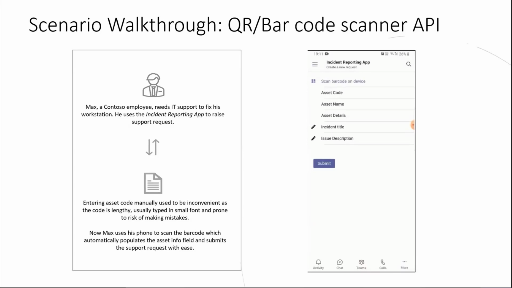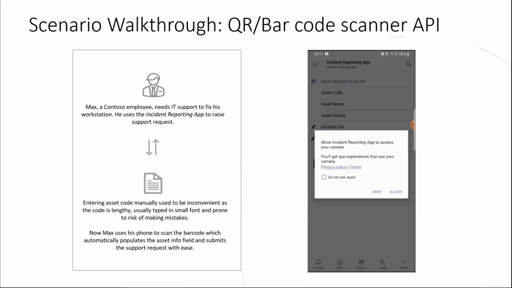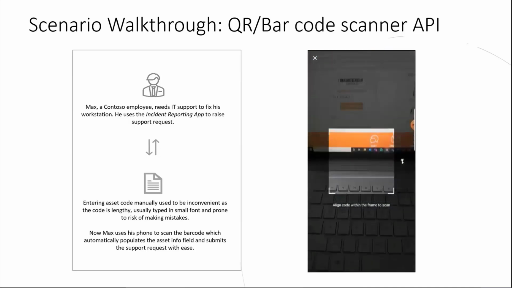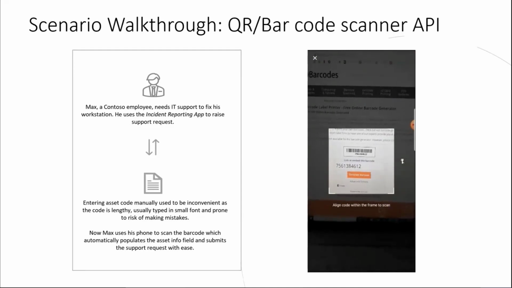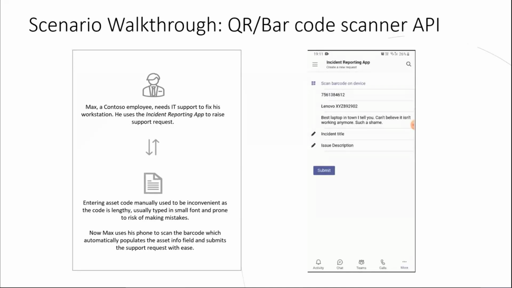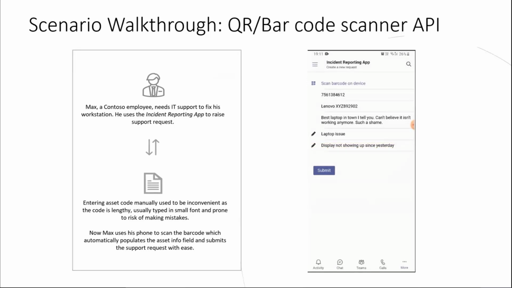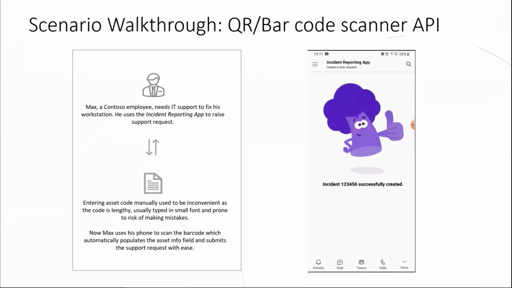Also, there was always a risk of making mistakes. Now, Max uses his phone's camera to scan the asset barcode, which automatically fills in the asset info fields. This makes the process of raising support ticket much simpler. And after entering the issue description, Max just hits submit to generate a fresh support ticket. Max's life is easier now, thanks to QR and barcode scanner capabilities present in the Teams client SDK.